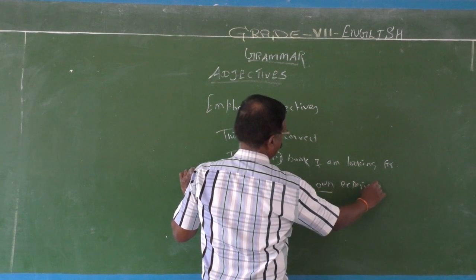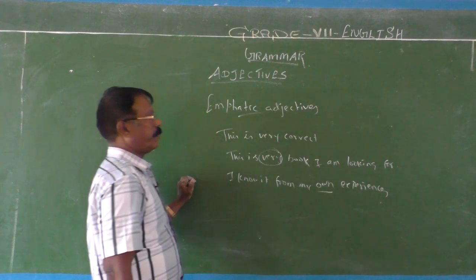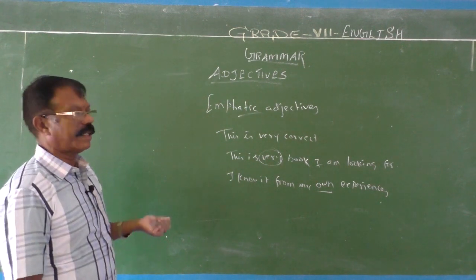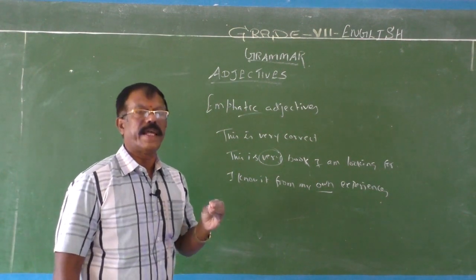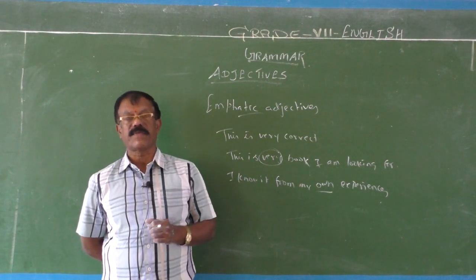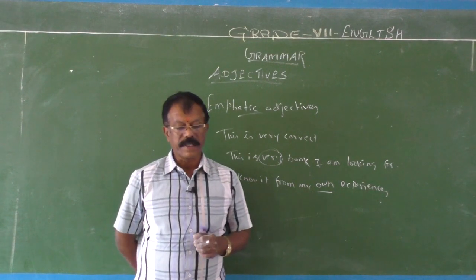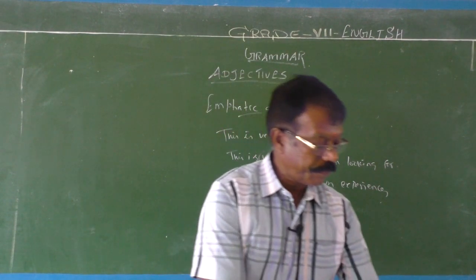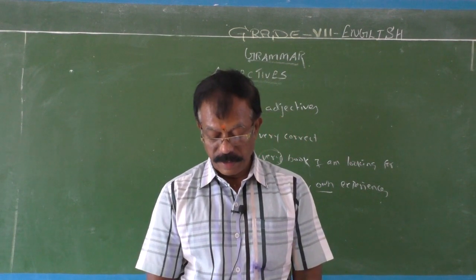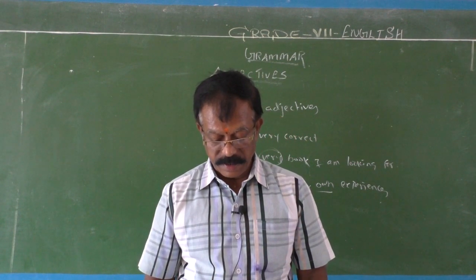So in these cases, one thing you have to keep in mind, children, even if you remove these emphatic adjectives from the sentence, the sentence gives you the correct meaning. Such types of adjectives are called emphatic adjectives. So normally, emphatic adjectives can be removed from the sentences, but the sentence still gives you meaning.